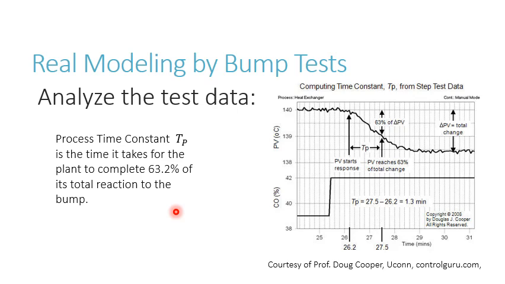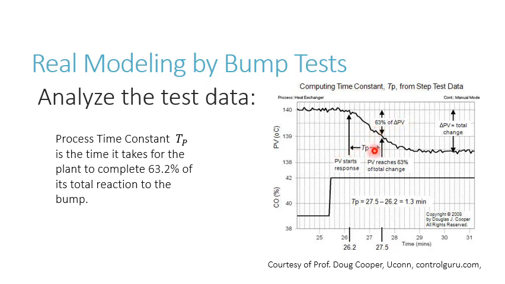So let's say you do your open loop test out in the field, and you want to know how do you analyze this? What is the time constant? You look here. This is the process time constant. It's the time it takes for the process. This is the output of your process variable, or the ultimate thing you're trying to measure. Here's the total response of it. It goes from here to here, and here's the amount of that total change.